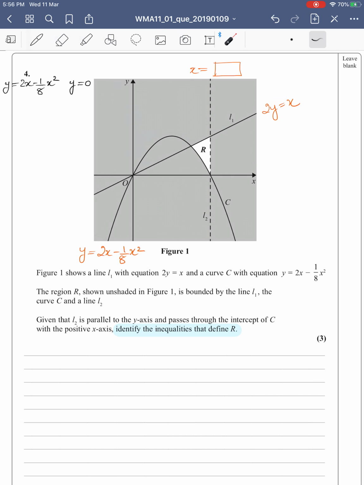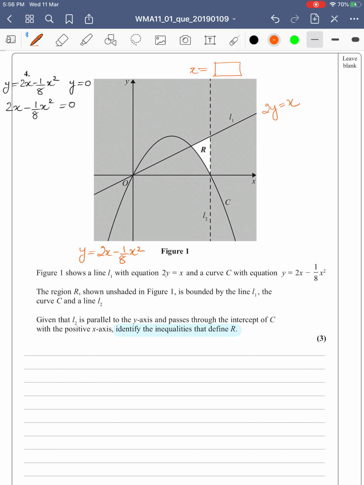As both these lines have y as their left hand side, we can equate their right hand sides and solve 2x minus 1 upon 8x squared is equal to 0.